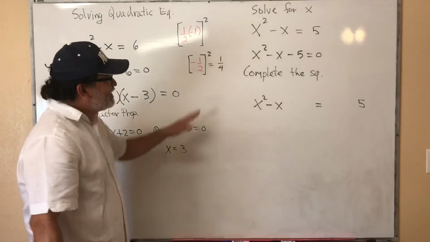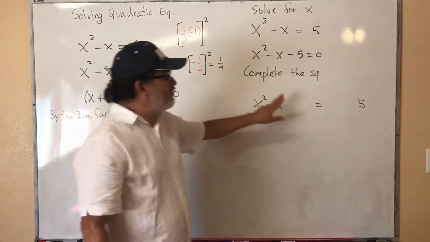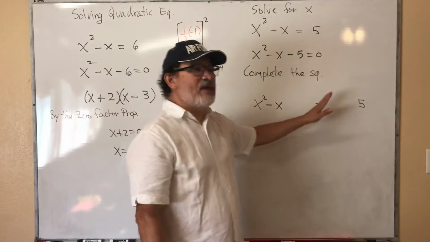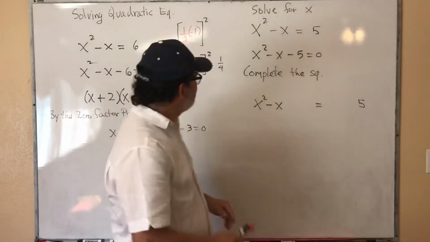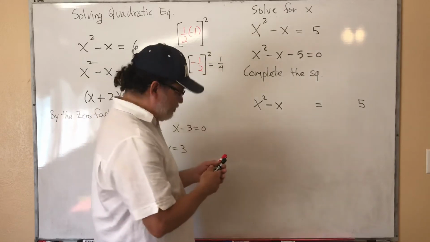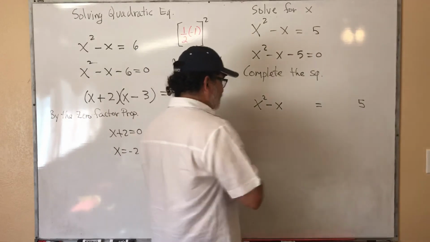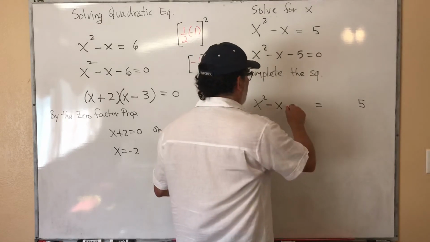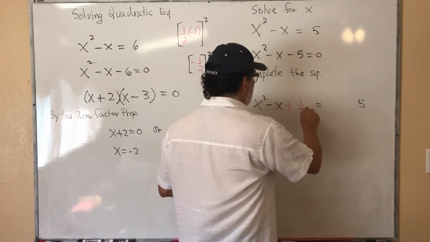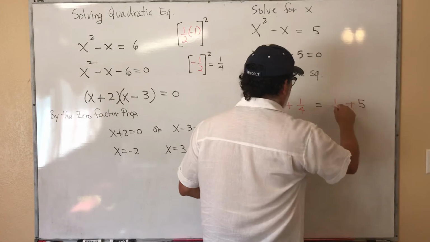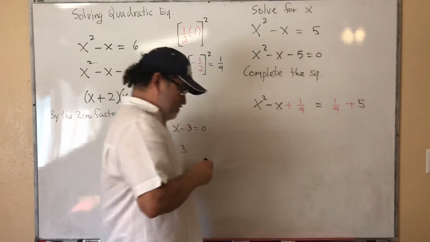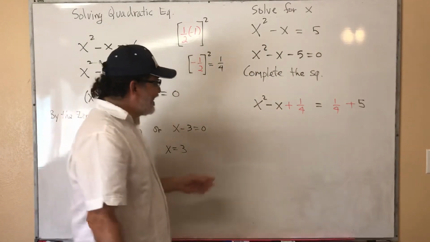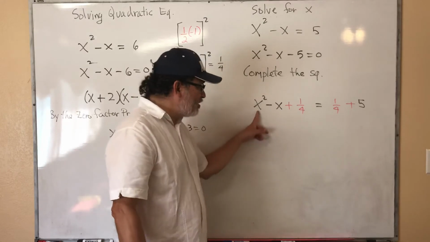Okay. This is what I'm going to add on the left-hand side and on the right-hand side. Okay? Plus 1/4. Anybody knows how to factor this?